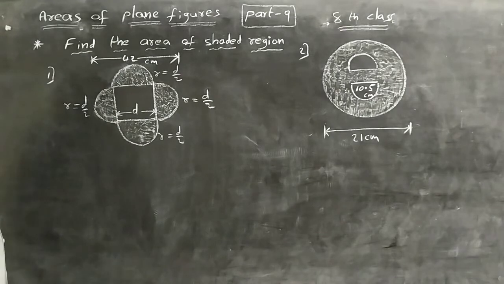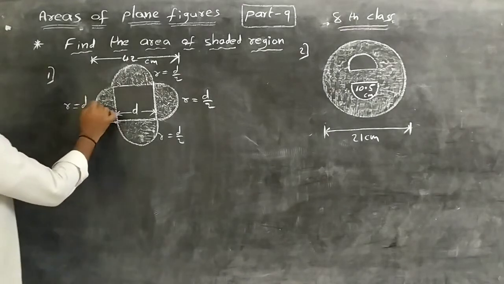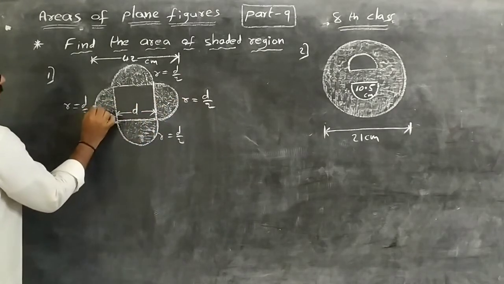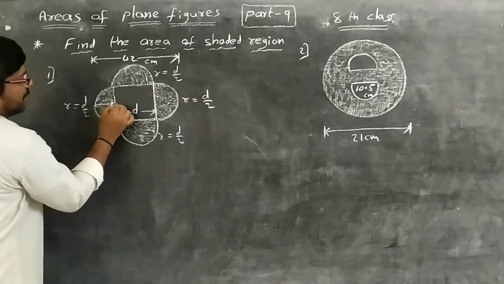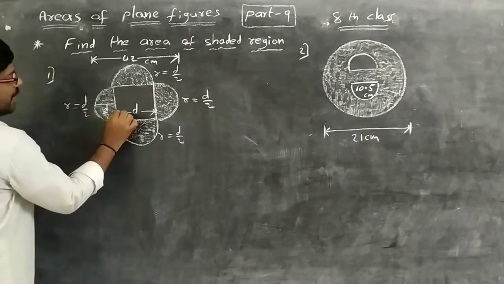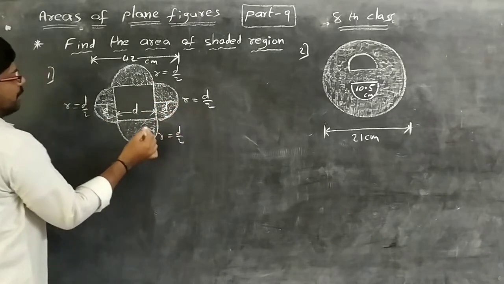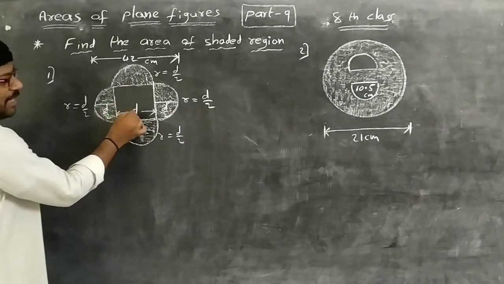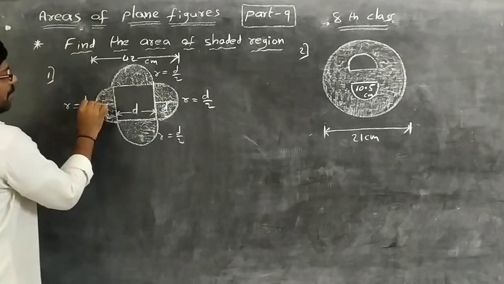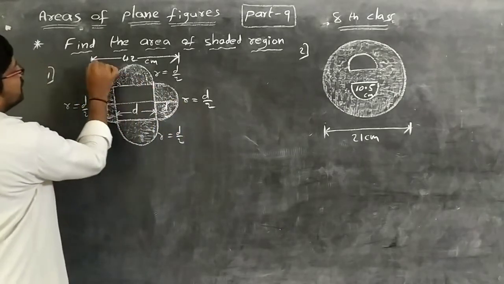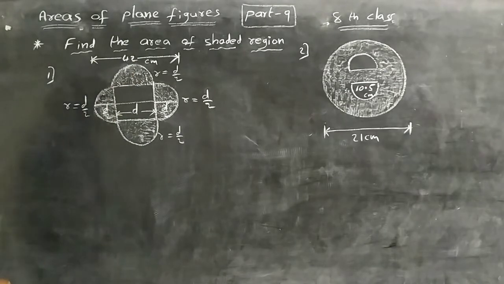From here to here, it is d by 2, then d, then d by 2. That means d by 2 plus d by 2, and the total length is 42 centimeters.